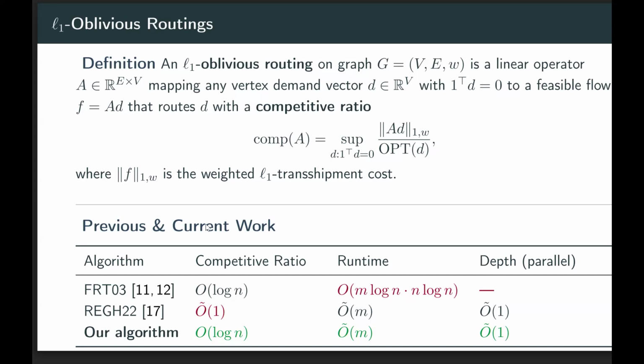And we can look at how Hoyt et al. did that. So they actually only need polylog many such trees, and they can mix better, but they don't get the competitive ratio of log n. And we can again recover both: the tight competitive ratio, and an efficient runtime that is parallelizable.